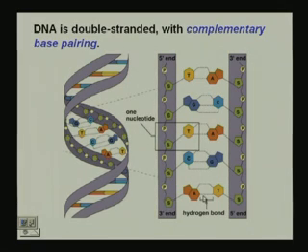When we have the linkages, we have a purine linked with a pyrimidine in each case. So, we can have what is called an AT linkage, or we can have a GC linkage.